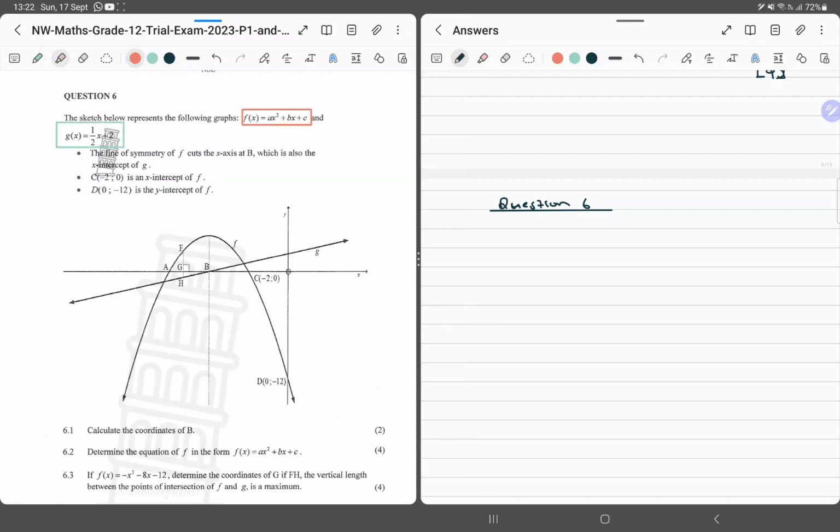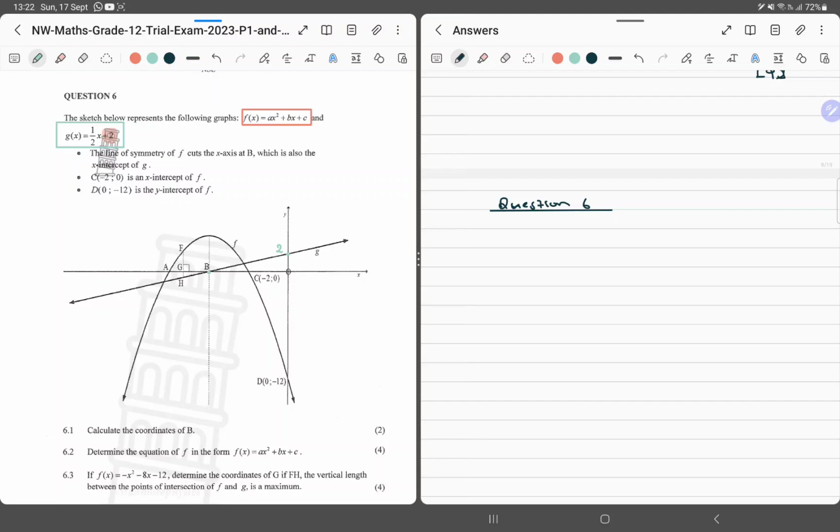But what can we learn from the graph of g? We know that this is a +2. I don't know if you guys can see there. This is a +2, so that means that's the y-intercept. So meaning here we've got 2. Okay, that is the most important. And then we can work out B, which is the x-intercept.